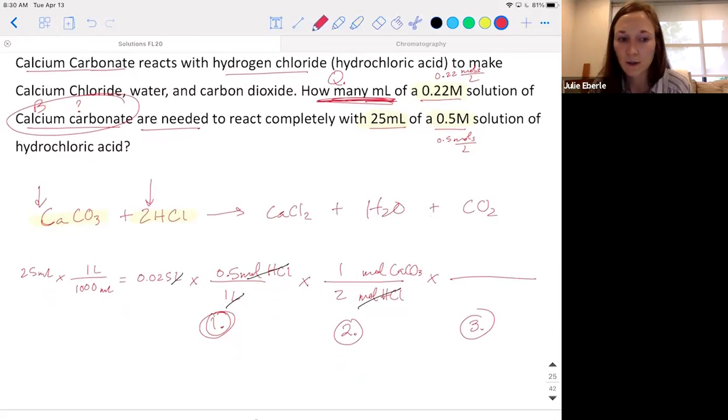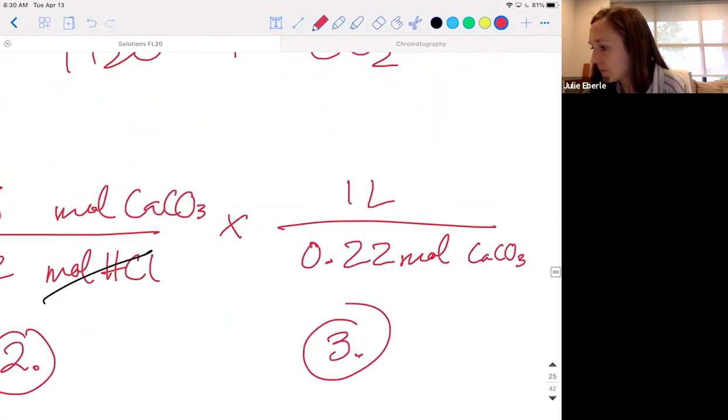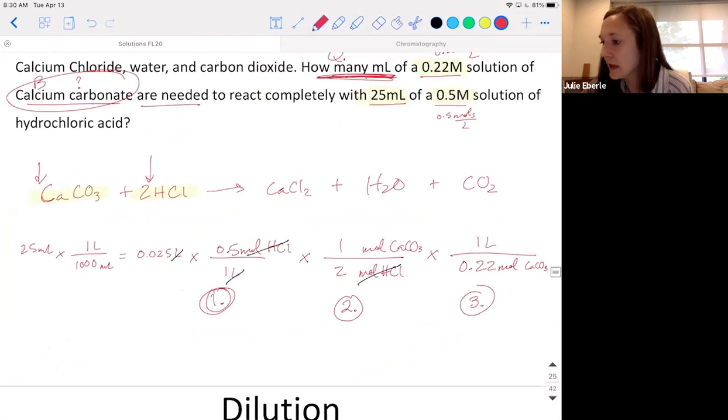That's what Kylie said, liters on top. So it's for every 1 liter, it's 0.22 moles of CaCO3. And moles will cancel, and then we'll have a volume. All right, so what do we get? You've got to do, start here, 0.025 liters times 0.5 divided by 2 divided by 0.22.